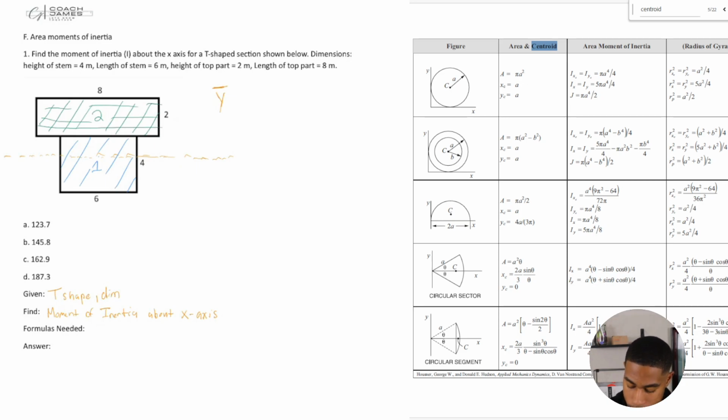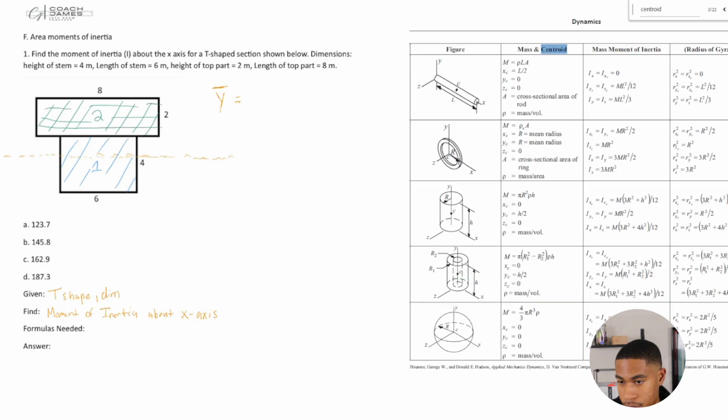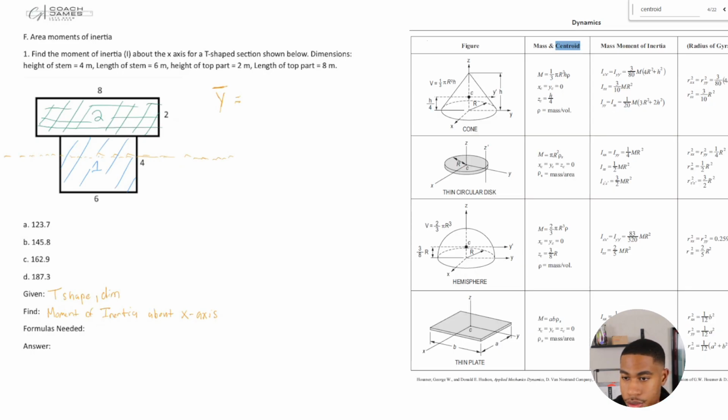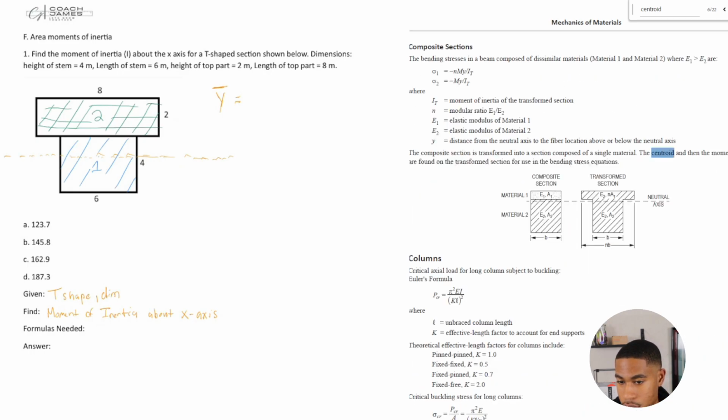So y bar is going to equal, how would we get that? Well, I'm going to search centroid. That's what it is.